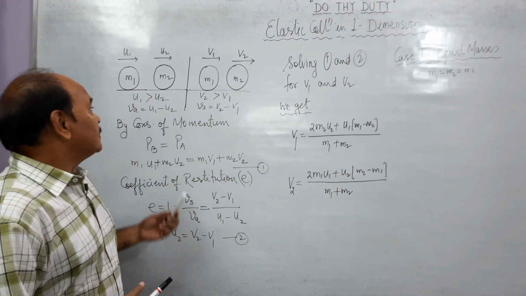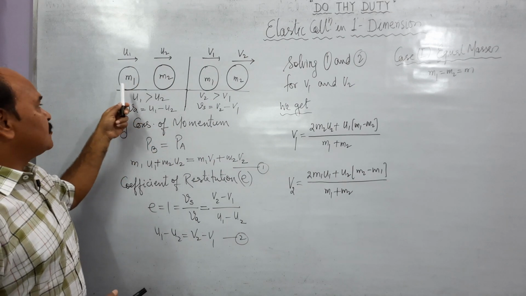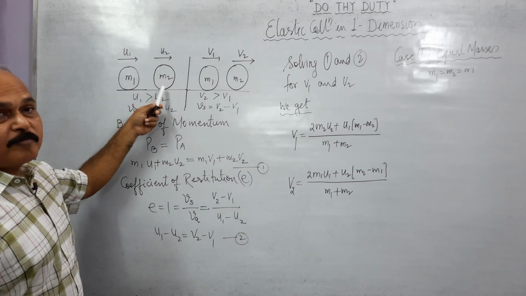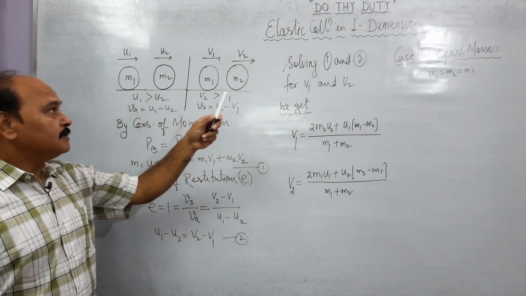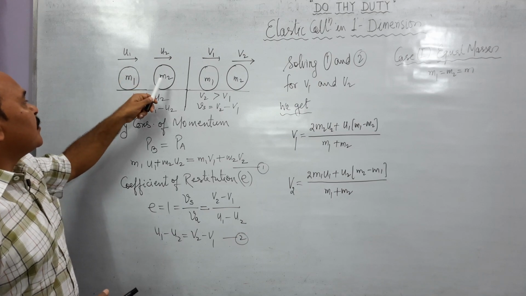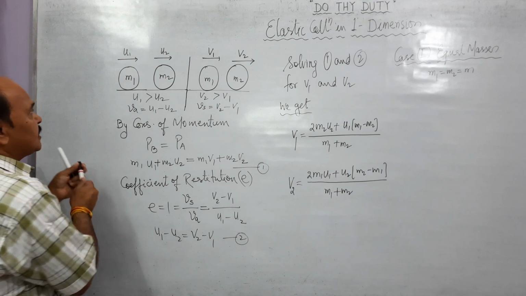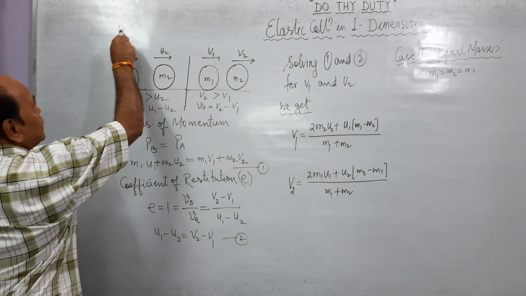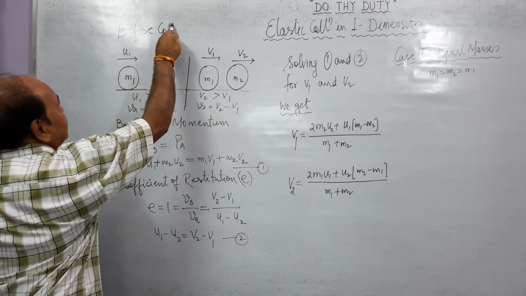Well, children, let us see here the situation. These are two masses m1, m2. They are moving over a smooth horizontal surface. Mass m1 has velocity u1 and mass m2 has velocity u2. This is the state of affairs before collision.